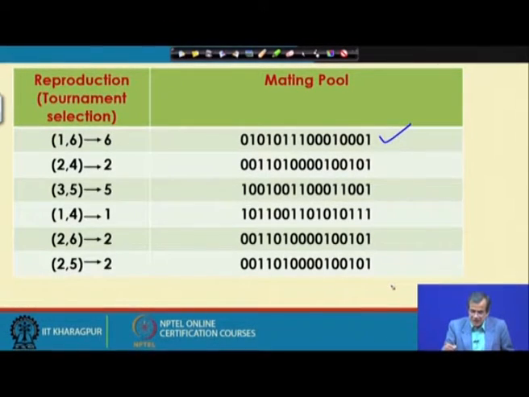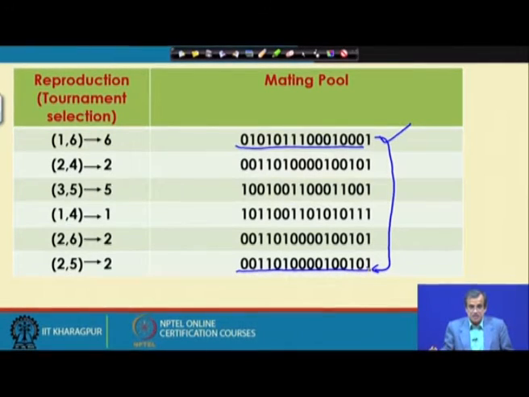So I can take some random mating pair. For example, say I am taking that one is going to meet with the sixth one. So, in the first mating pair, I am just going to take a copy of this and a copy of this. So, the first mating pair, that is 1, is going to meet with 6. Next, I will have to concentrate on the second one.